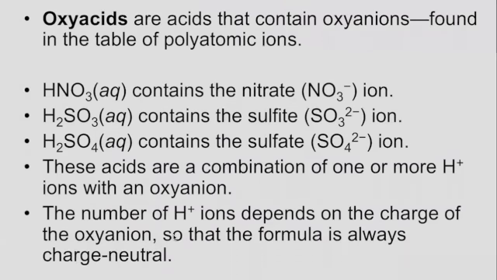Anyways, moving on to oxo acids. Oxo acids are going to be those acids that also start with an H and also have aqueous, but they contain oxygen, and that oxygen is going to be a part of the polyatomic ion. Now, it is highly important to know what polyatomic you have.